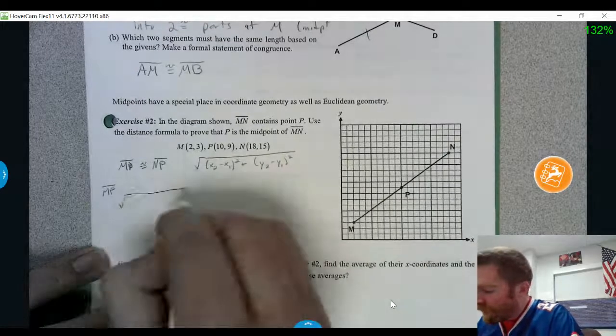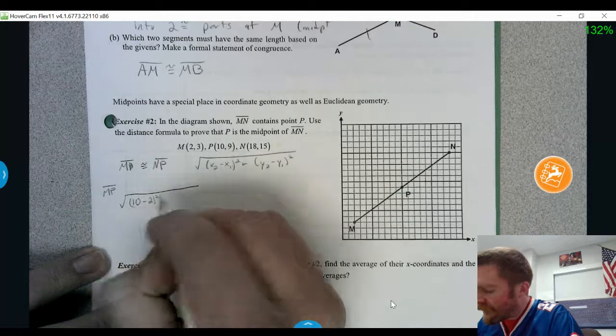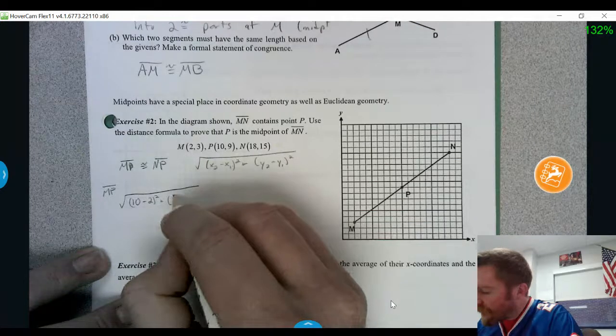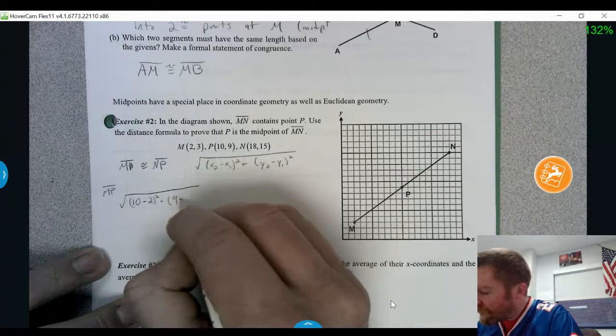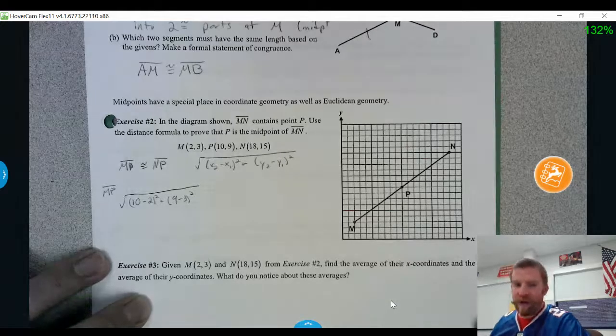So for M to P, I subtract the x's and then subtract the y's, making sure we're doing it in the same order. If I start with 10 for the x, we have to start with 9.